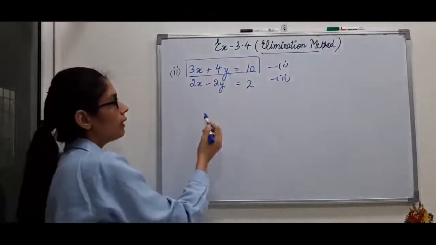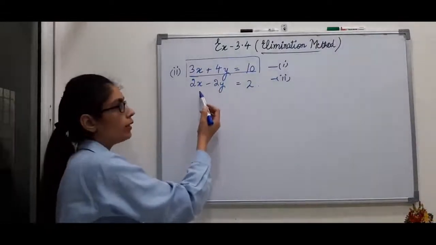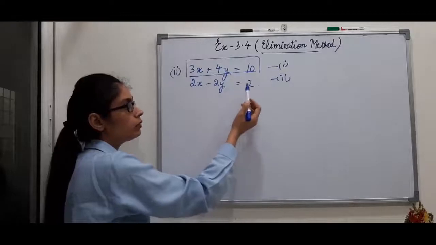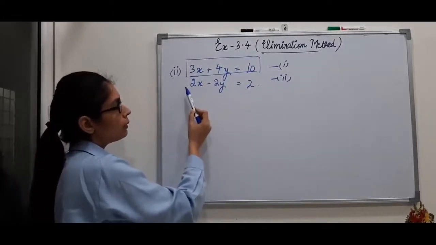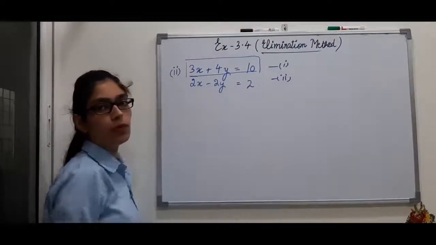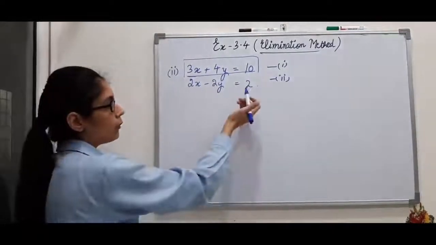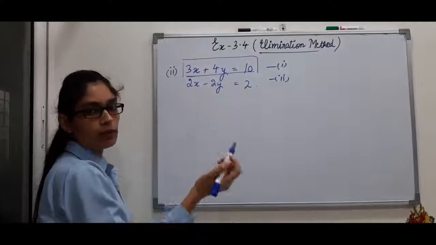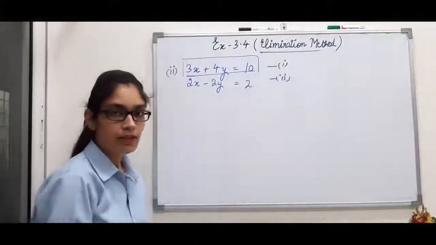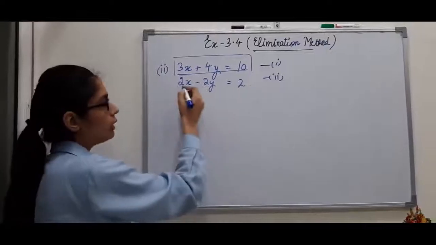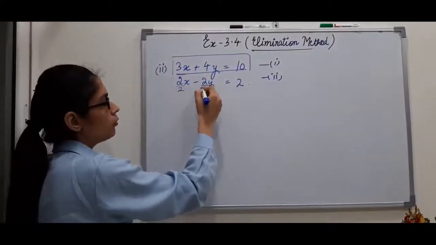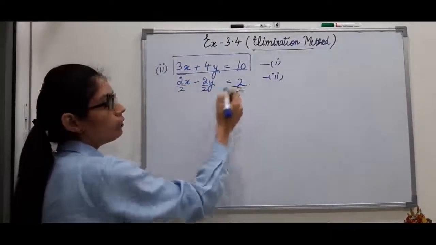Now look at the second equation. This is 2x minus 2y equals 2. I can see all the given numbers are 2, 2 and 2. 2 is common in the second equation, so I will simplify this equation further. Since 2 is a common number, I'll divide the whole equation by 2.